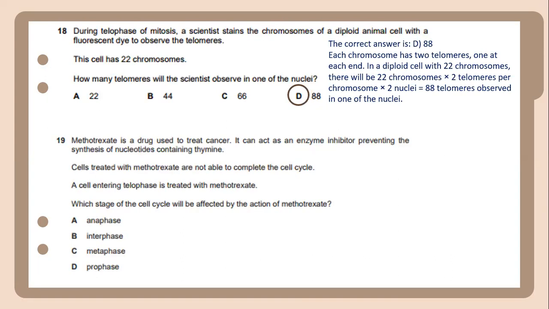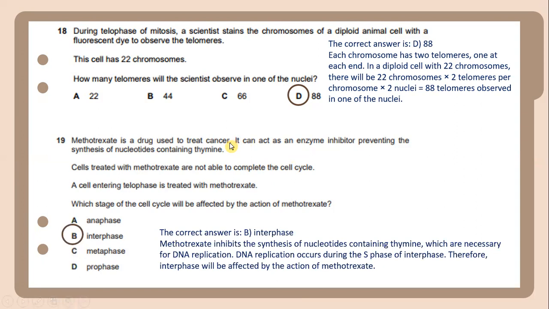Methotrexate is a drug used to treat cancer. It can act as an enzyme inhibitor, preventing the synthesis of nucleotides containing thymine. Cells treated with methotrexate are not able to complete the cell cycle. A cell entering telophase is treated with methotrexate. Which stage of the cell cycle will be affected by the actions of methotrexate?